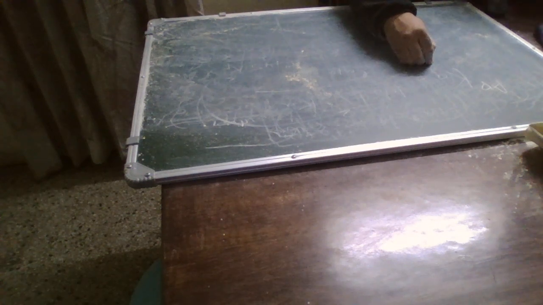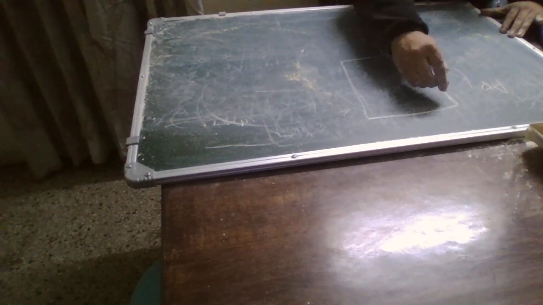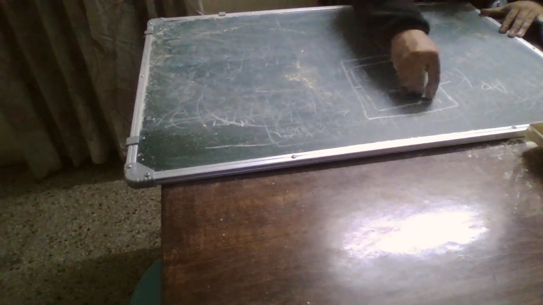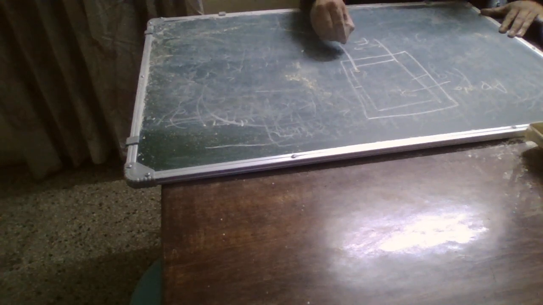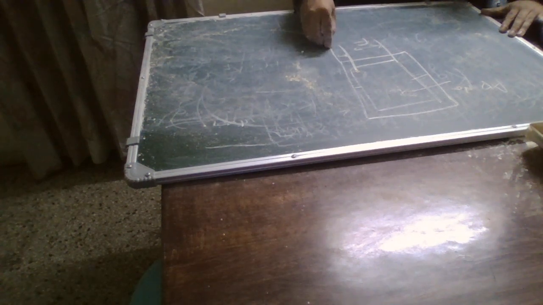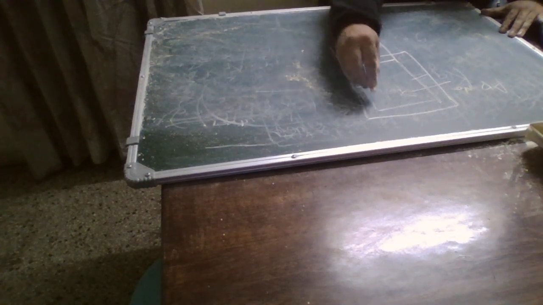Now suppose I have the core here, this is the core, and this inside is the window area, and let us denote this side by F, this by E, and this length from here to here let it be G.